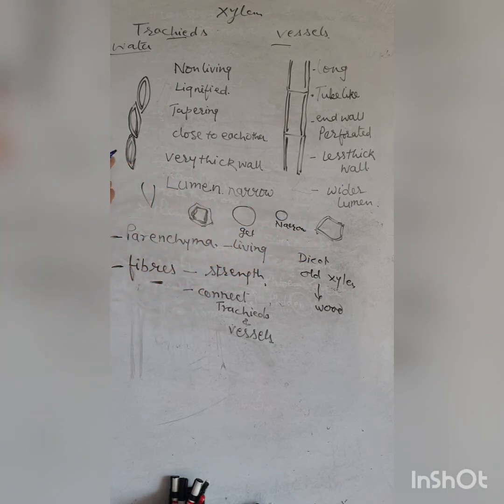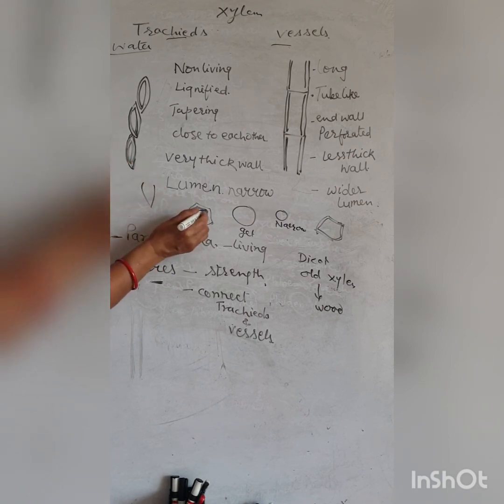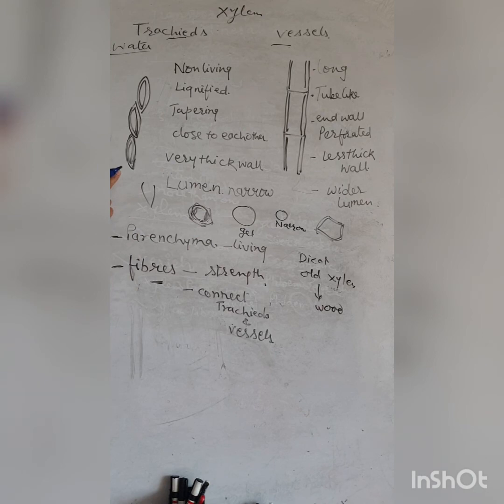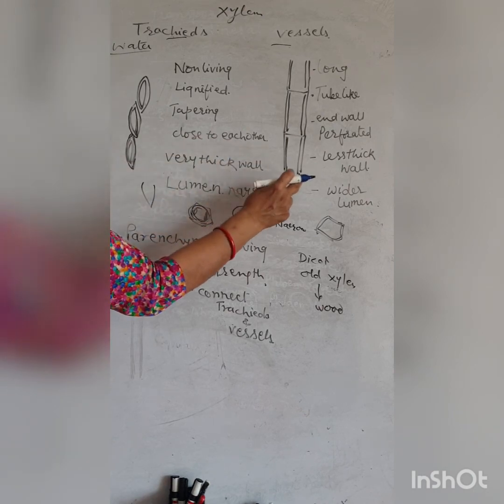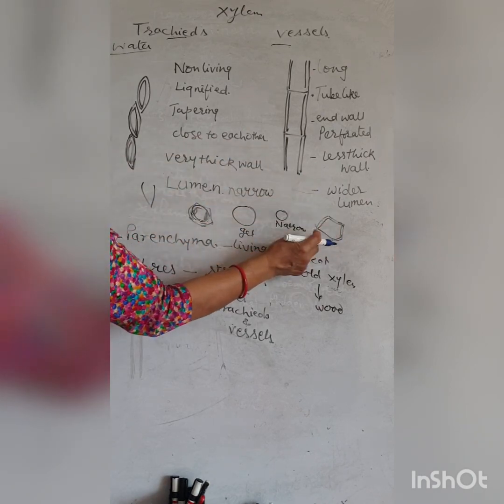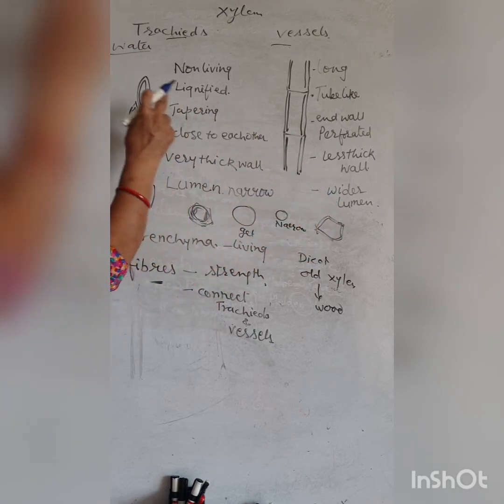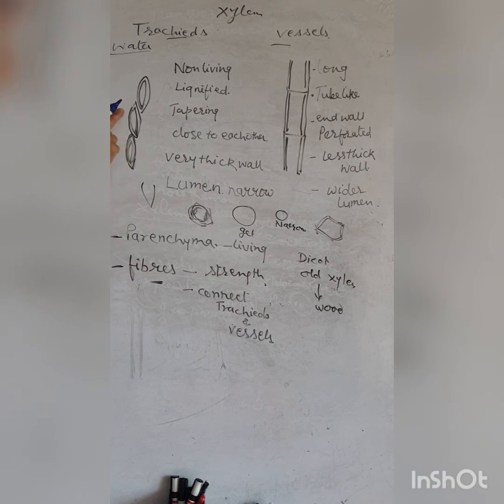So the lumen is narrow because the deposition is more in the tracheids. In the vessels, the deposition is less, so the lumen is wider.